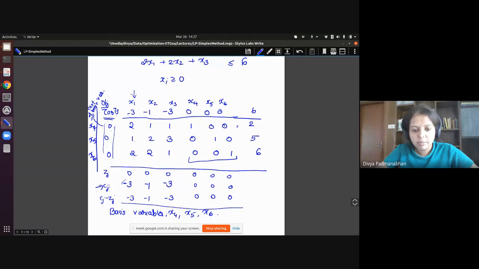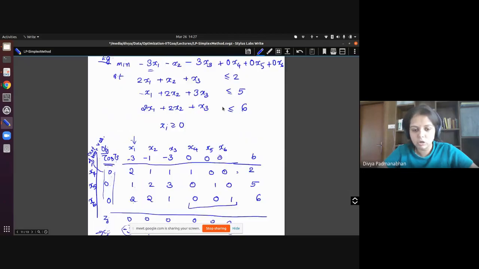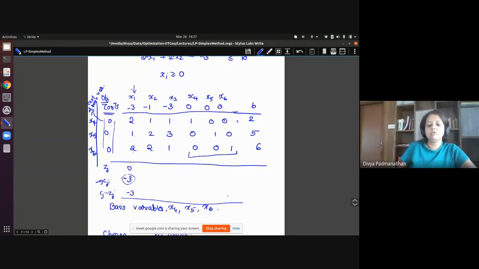And so that's going to give you minus 3. Now if I subtract out this term, CP minus ZP, or CJ minus ZJ here, so C1 minus Z1 is just minus 3.